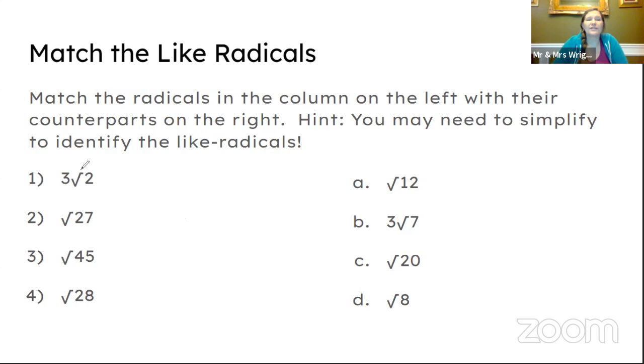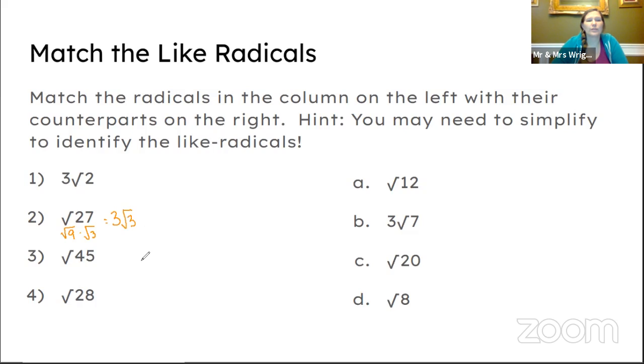Let's look at number 1. That one's already simplified. I know if something has square root 2, it's in its simplified state. However, square root 27 is not. Square root 27, we can remember, is square root 9 times square root 3. I can take that 9 out of the square root, and that becomes a 3. If I took the square root of 9, it's 3. 3 square root 3 is what square root 27 is.